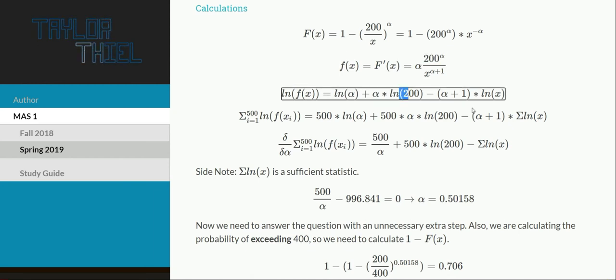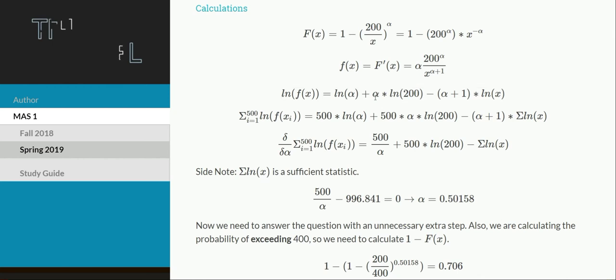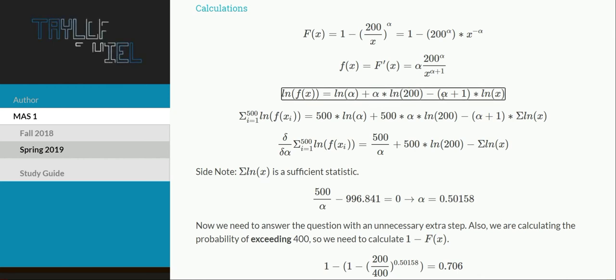That's another property: the natural log of a to the power of b is equal to b times the natural log of a. So we're just pulling out that exponent to the front, multiplied by the natural log of 200. And then finally, this is just x to the power of negative alpha minus 1. Again, we can pull out the exponent, so minus (alpha plus 1), because it's in parentheses, multiplied by that natural log of x.